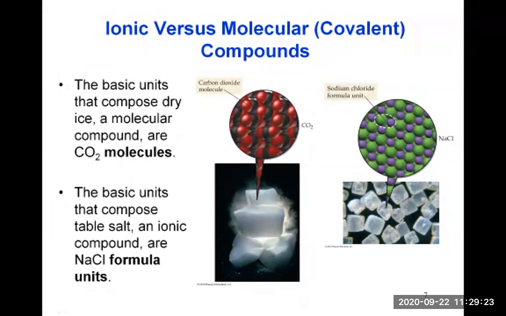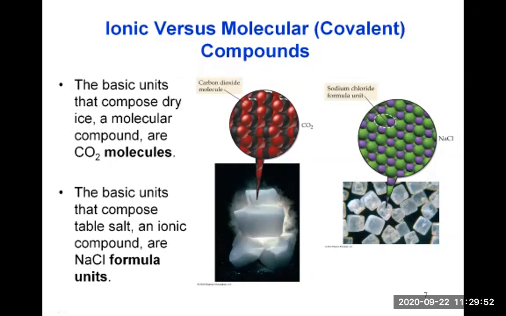The basic units that compose dry ice, for example, the carbon dioxide when it's solid, are CO2 molecules. So dry ice is a molecular compound. It's made of CO2 molecules, and they are packed together in an ordered fashion when it's in the solid state.